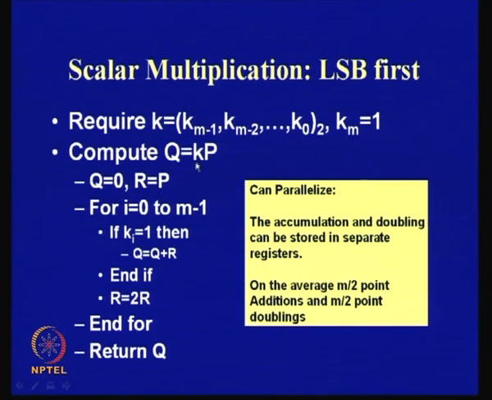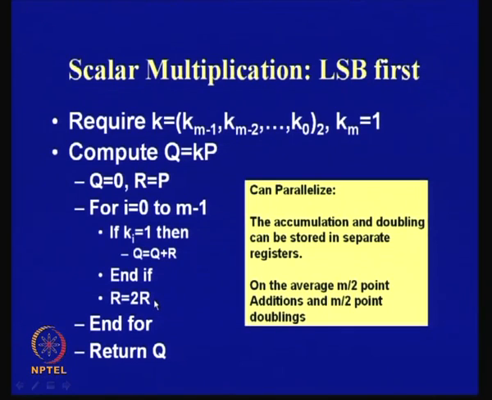Now I want to compute again Q equal to k into P. For this, instead of having one register, we choose two registers, call one of them Q and the other one R. We initialize Q to 0 and R to the value P. Now, from i equal to 0 to m minus 1, if ki is 1, then we add onto the register Q, that is Q equals Q plus R, and in the other register we are doing a doubling operation.